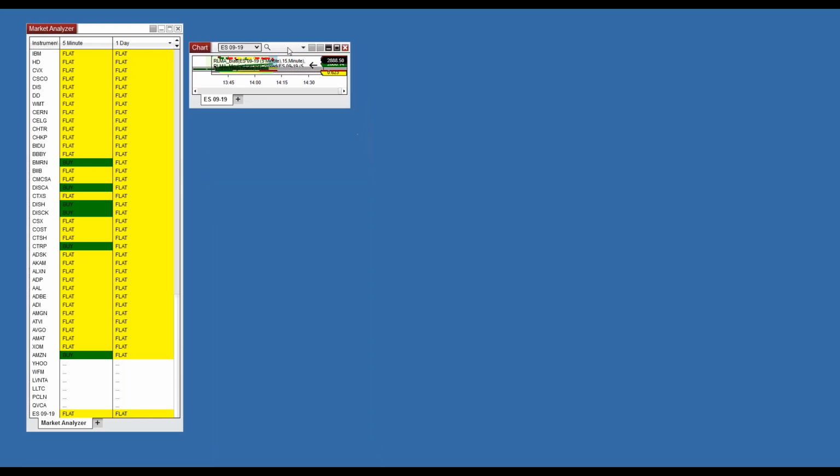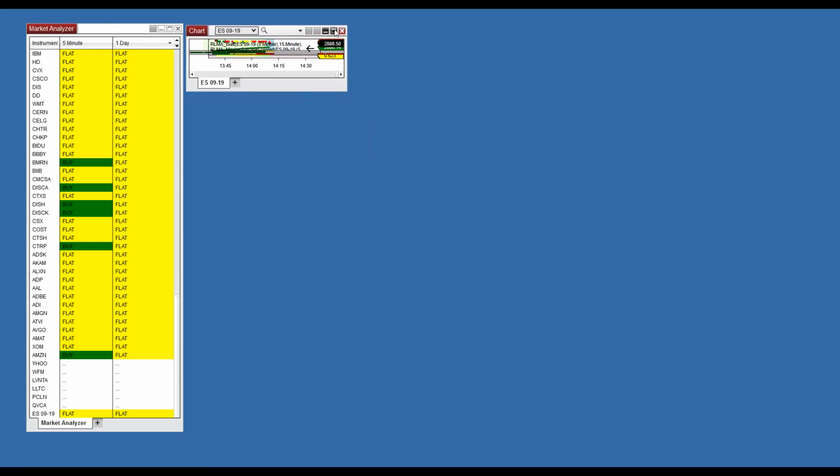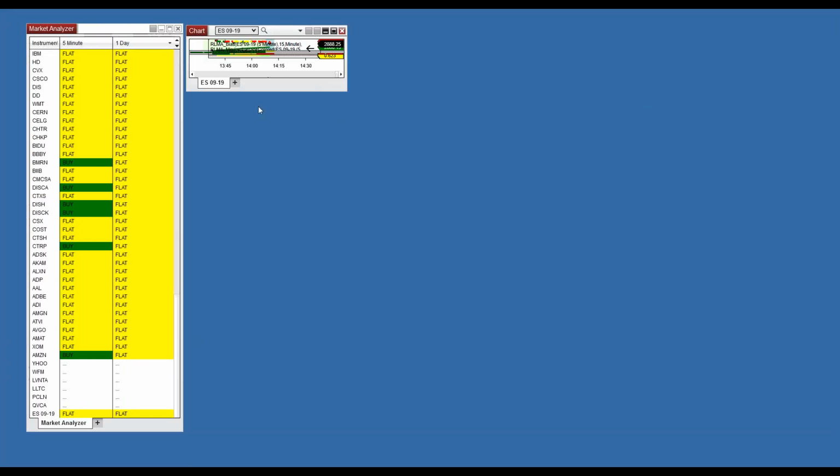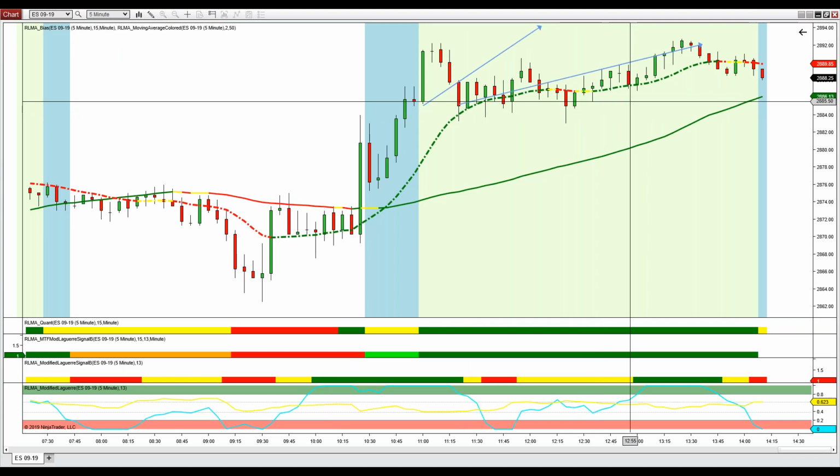And stack them. Then when you get a buy signal, just pop it open. That's all. Same thing with stocks. You could have 40 or 50 stocks on here. You get the buy, you pop it open, just like that.